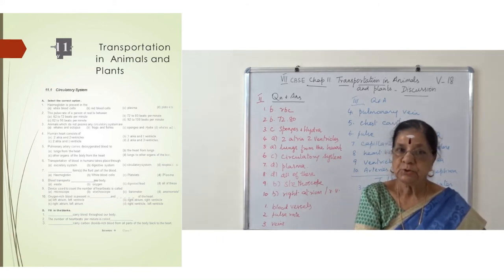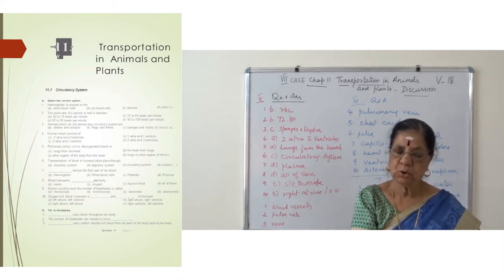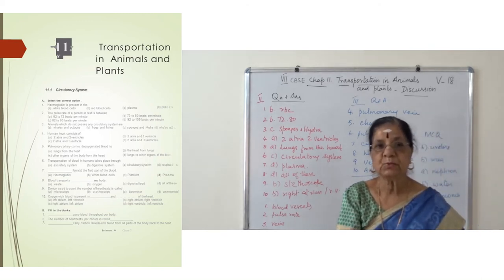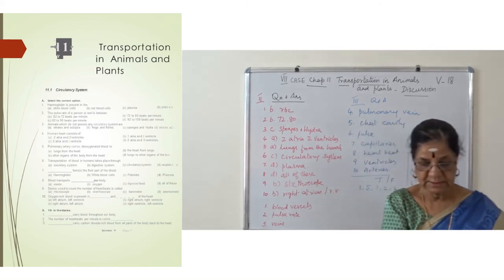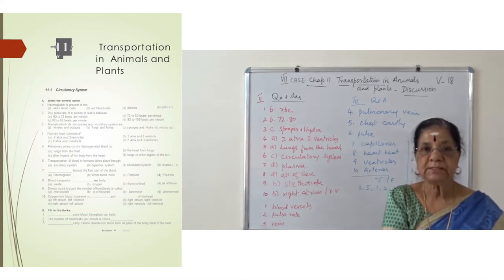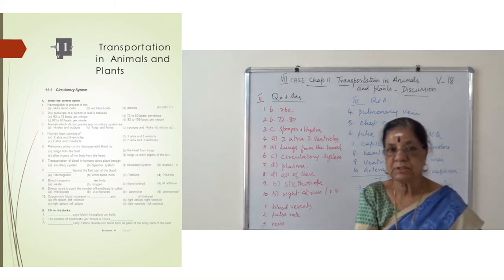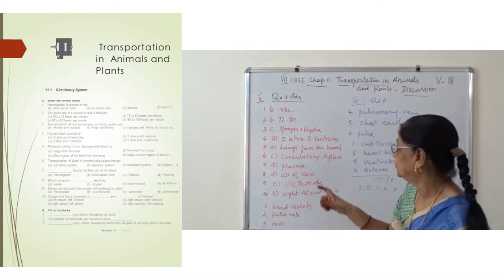Frog has 2 atria and 1 ventricle. But no animals have 3 ventricles. All other animals have only 2 ventricles. So the human heart consists of 2 atria and 2 ventricles. So the answer is A option, 2 atria, 2 ventricles.